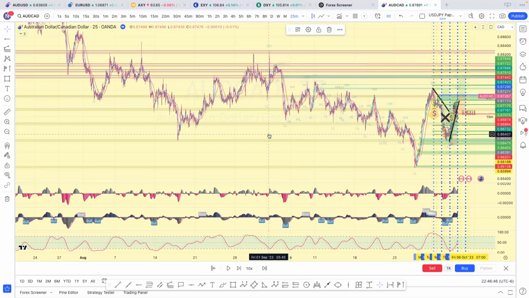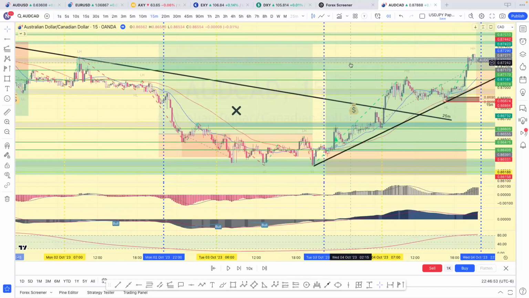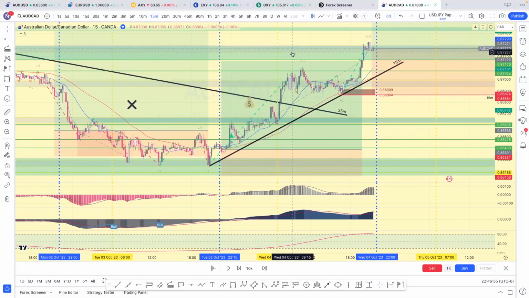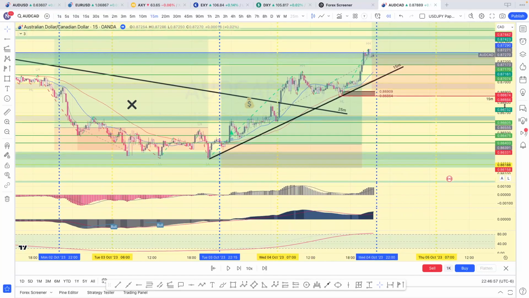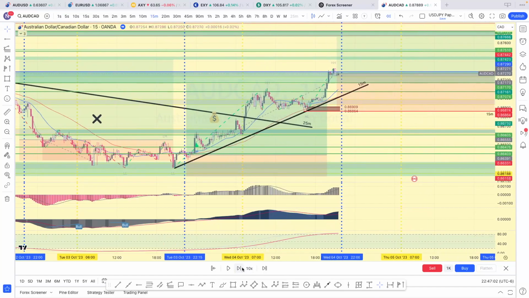So all right, now that I got that in, I go to the 25, and it's now bedtime, going to hit the button and see what happens.